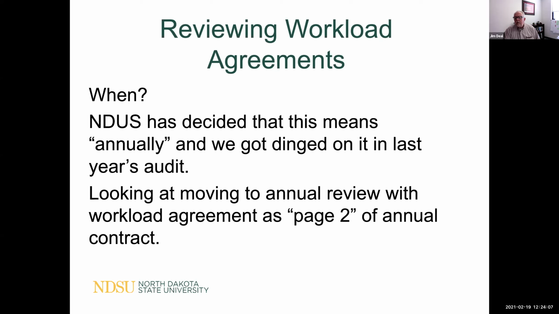So we have to do an annual contract that we sign and return to the dean's office in June. And we are looking at including a workload agreement or a position description as page 2 of that. So we would handle all of this in the late spring or early summer.